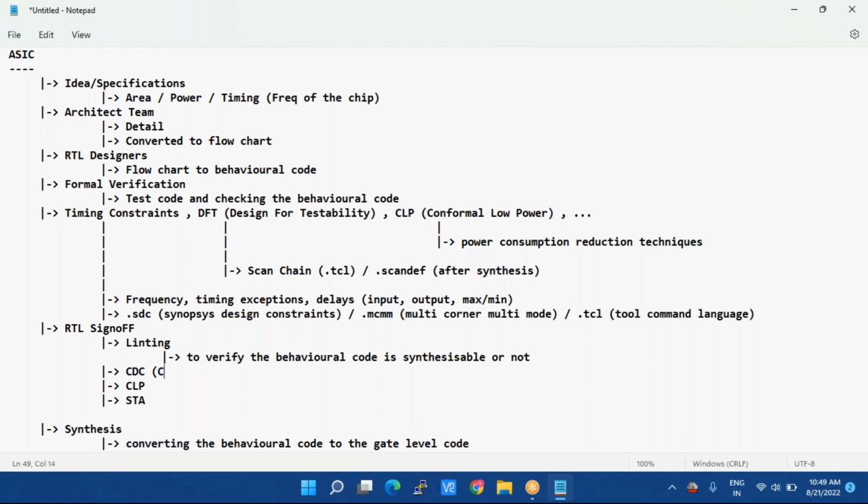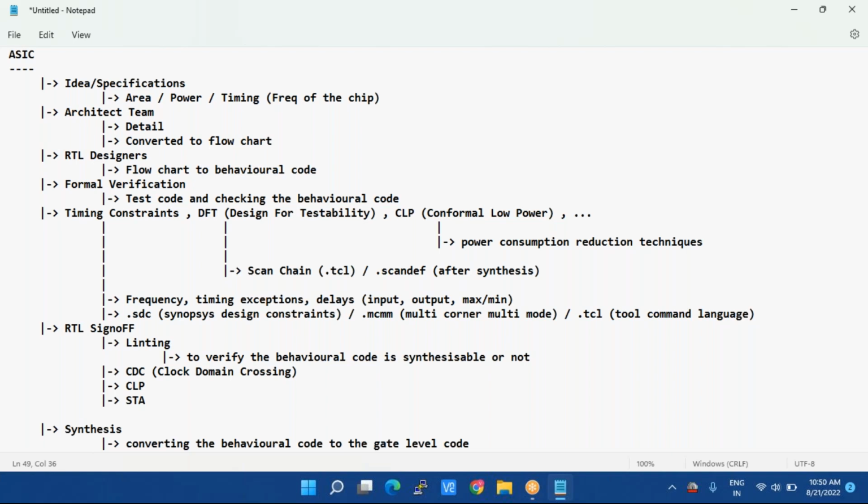So CDC means clock domain crossing. Whenever we are talking about our design, there are multiple clocks used in our designs. Each module might have different frequencies for its working, so according to that, different clocks are defined.